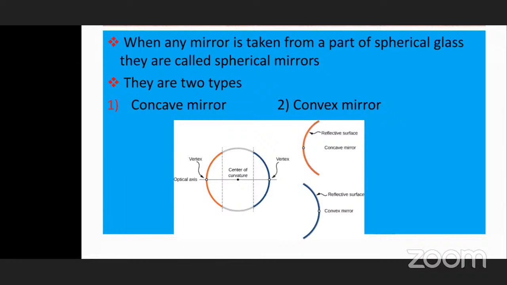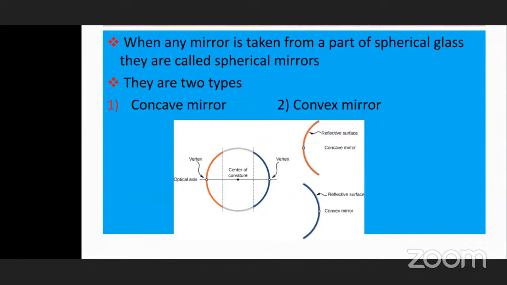You know what reflection is and how it differs from refraction. Reflection means that in whichever direction the light is incident, in the same medium it returns back. All mirrors form images by the property of reflection. You see the concave mirror in the upper part, and in the lower part a convex mirror.